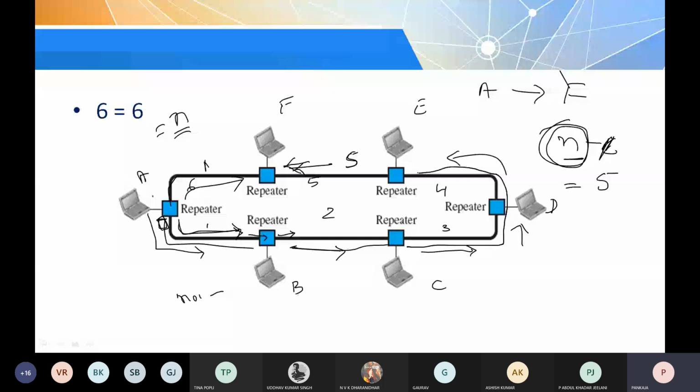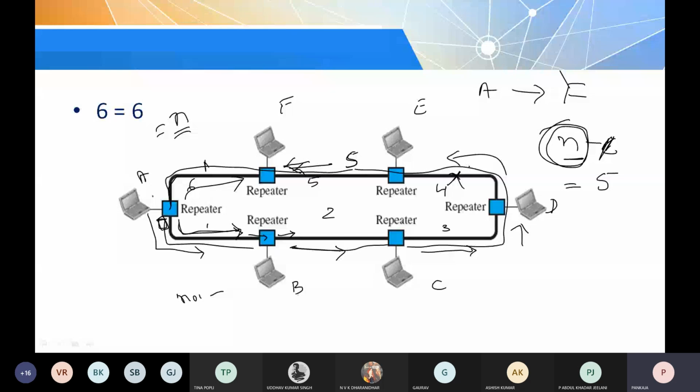So why does this dual ring concept come? If this particular link fails, and A wants to send data to F, it is not possible to send the data, because a network failure has happened at this link. So immediately, to resolve this problem, there is a dual ring.